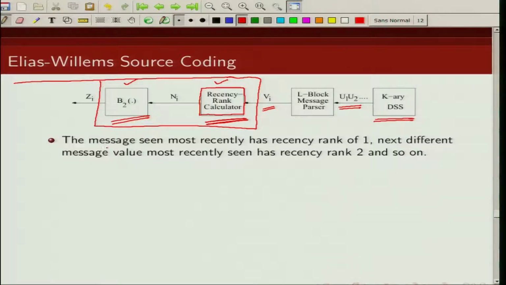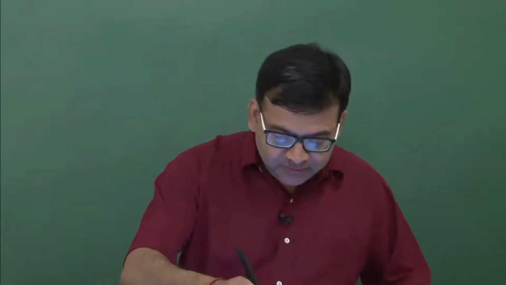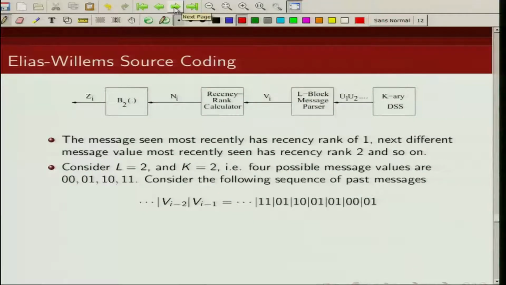So the message that is seen most recently has recency rank of 1, then the next different message most recently seen has recency rank 2, and so on. So recency rank is essentially an indication of how far back in the past you have encountered that particular sequence.